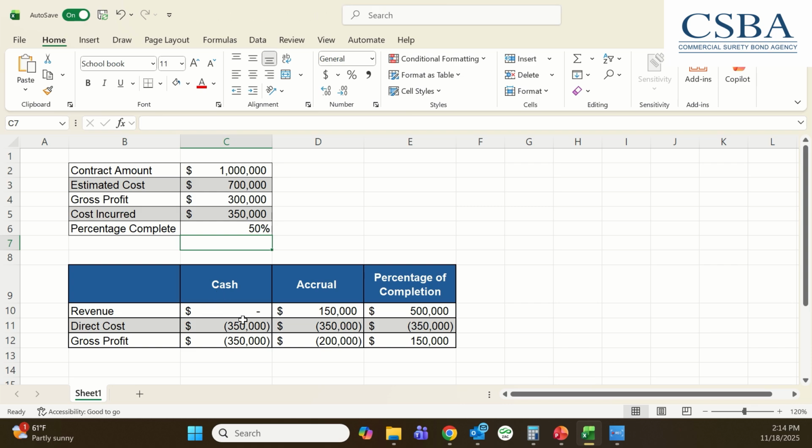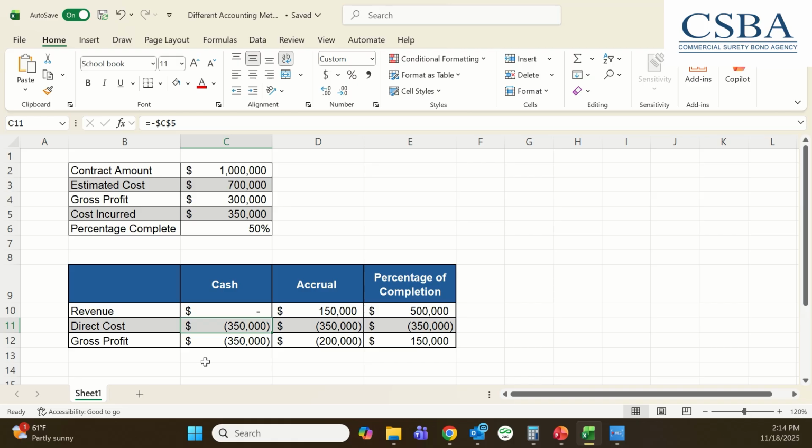We've got cash, which in this case, we're going to assume that you have billed but not received money yet. So let's just say you've billed $150,000, but you haven't received anything yet. And then on the cost side, let's say that you have both been billed $350,000 and you've also paid those expenses.